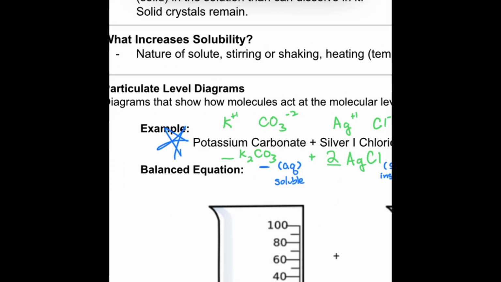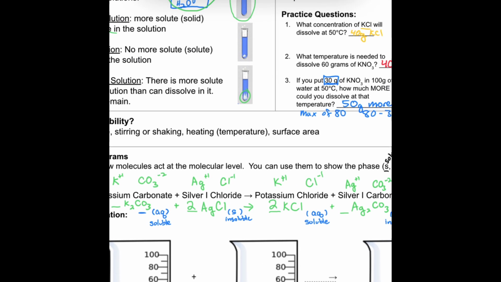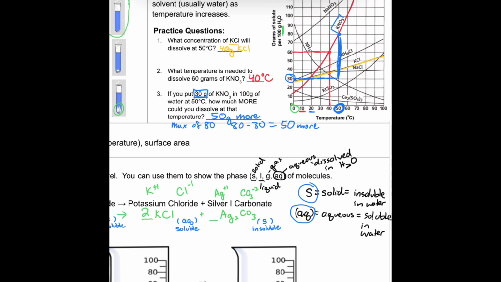This reactant beaker is going to be K2CO3. This reactant beaker is going to be my AgCl. And then if I mix them together, that means that the one after the arrow is going to be my product beaker, but both products are going to be in there because I mixed them together. So KCl and AgCO3.